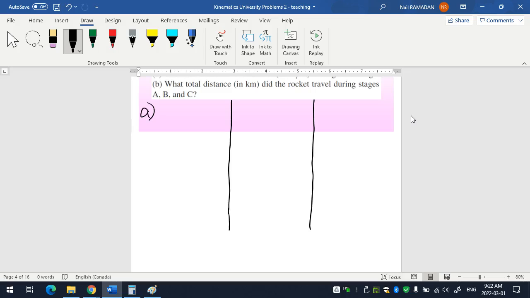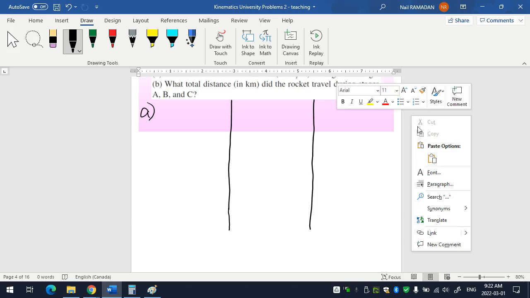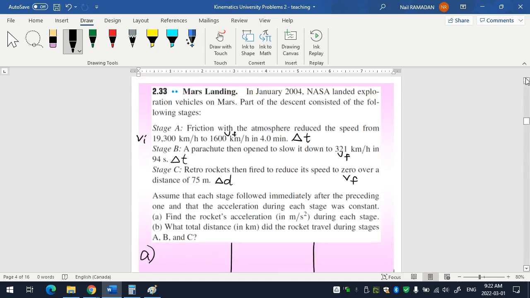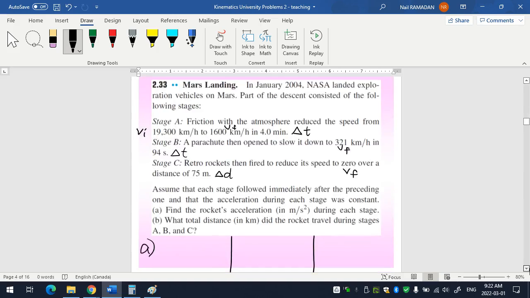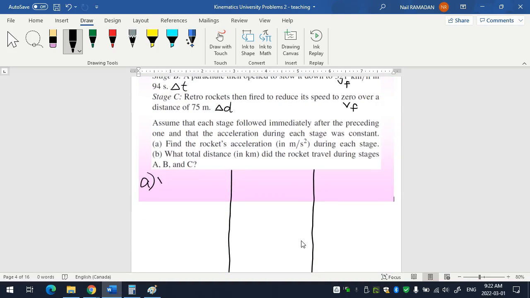Good? Okay. All right. What do we know about stage A? What information do I know about stage A? We already labeled them. The VI, the VF, the delta T. The VI, which is how much? Your VI is given in what unit?